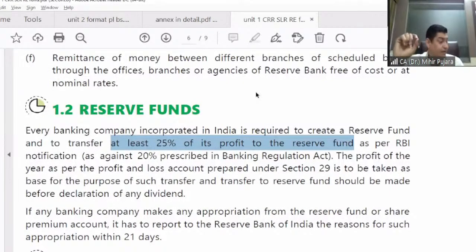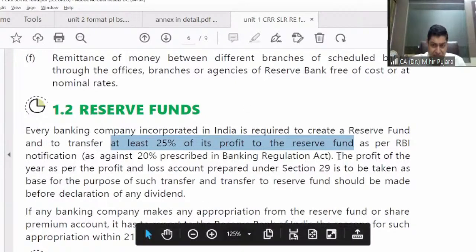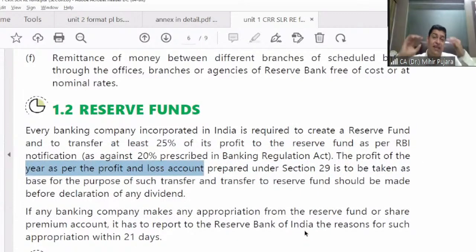And guys, one more extremely important point. Write it wherever you want to write. This percentage is only of the current year profit. Please write very carefully. This percentage should be applied only on current year profit. See the format, guys.